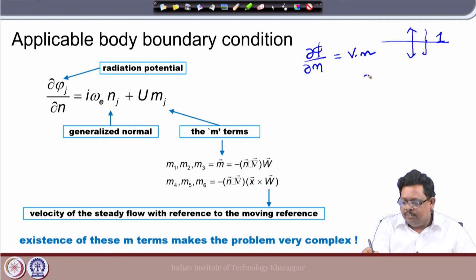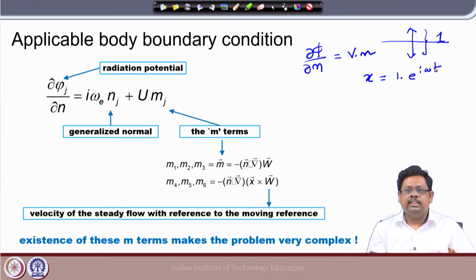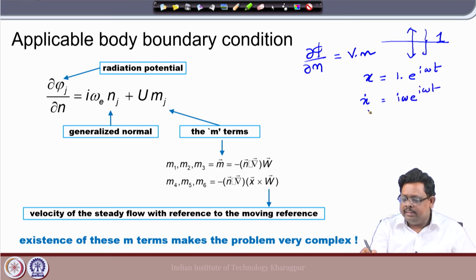So I can assume my x is nothing but 1 into e to the power i omega t in a complex domain, or if you take the real part it is cos omega t, right. And then x dot is nothing but i omega into e to the power i omega t, which refers to my velocity v.